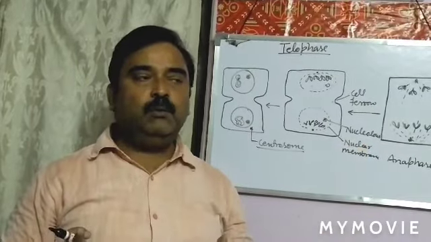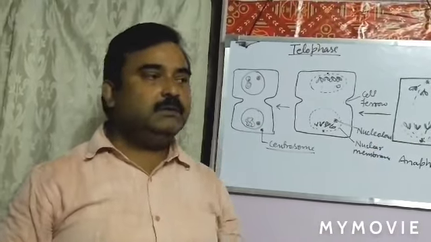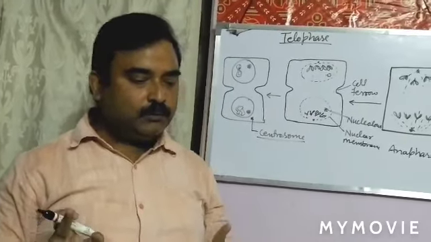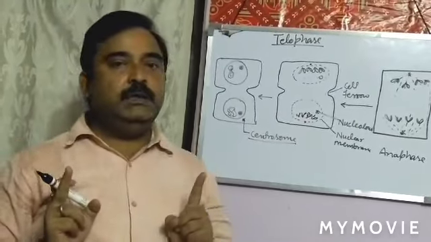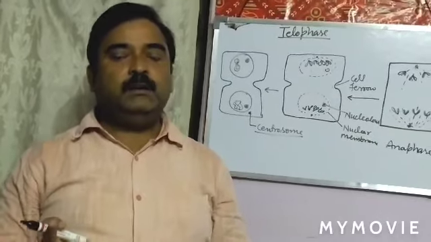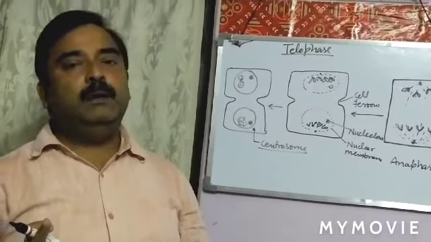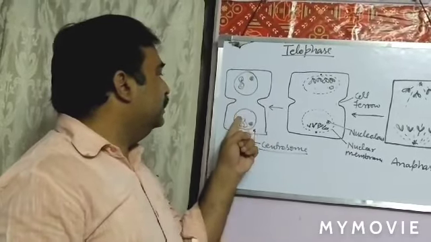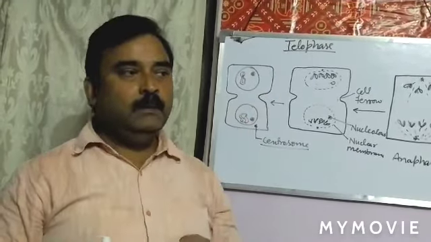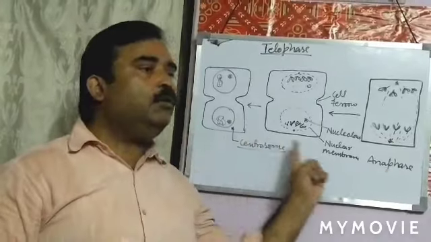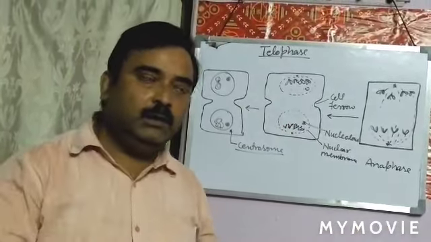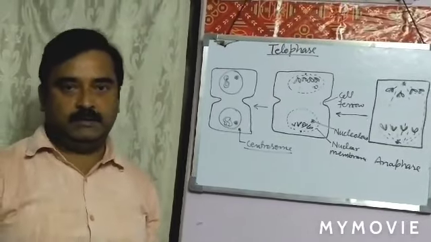So during the karyokinesis of mitosis, there is no change in the number or set of chromosomes. The equal number of chromosomes present in the mother cell is also present in the daughter nuclei. So here the karyokinesis of mitosis is completed, and now the cell enters into the cytokinesis.